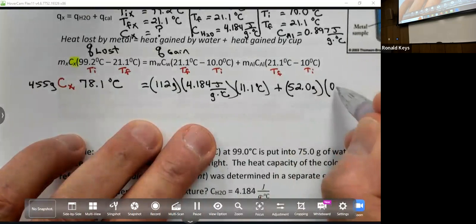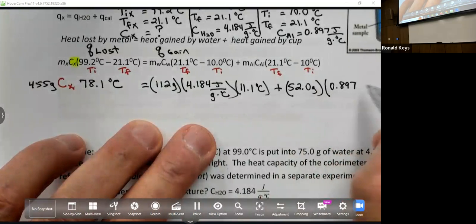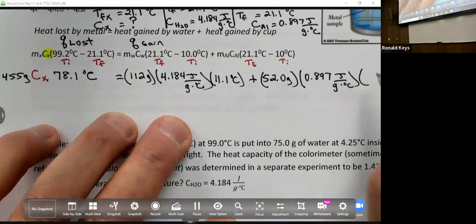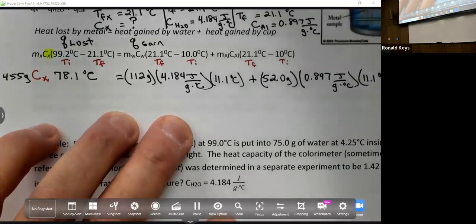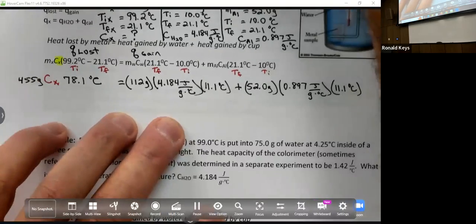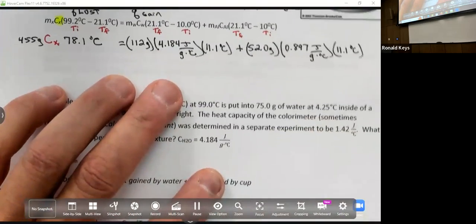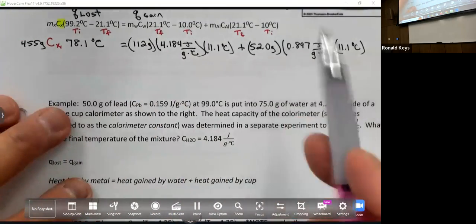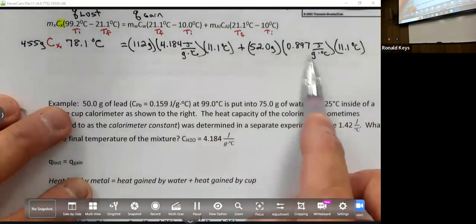Specific heat, 0.897. 11.1 again. This isn't so bad. We can multiply all that in our calculator as is.